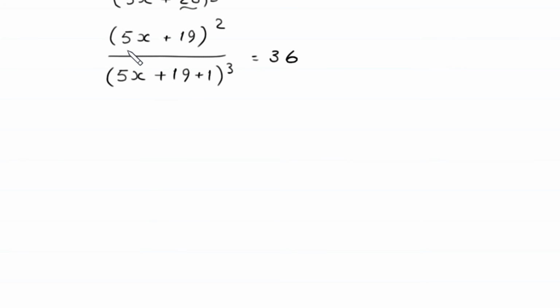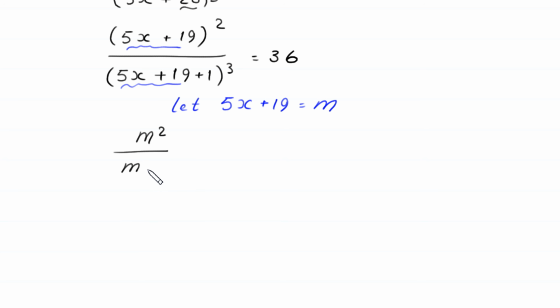Now here we have 5x + 19 and here we have 5x + 19. So we suppose that 5x + 19 is equal to m, and we substitute m in this equation, then this will become m² divided by (m + 1)³ is equal to 36.